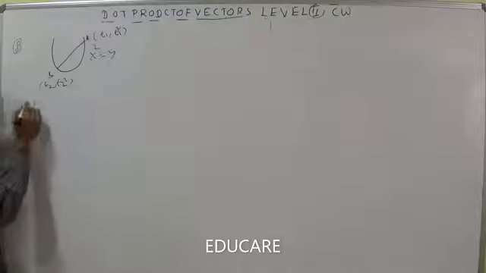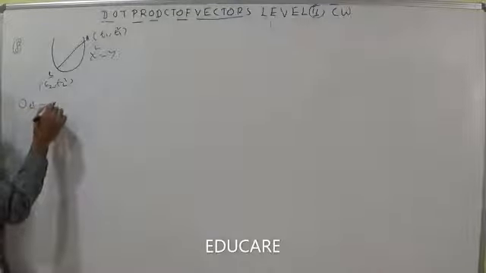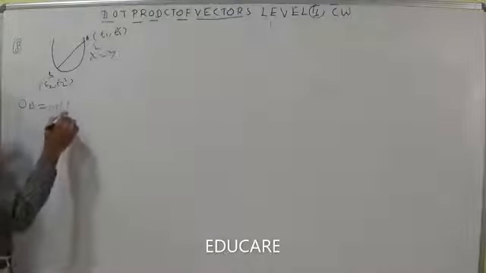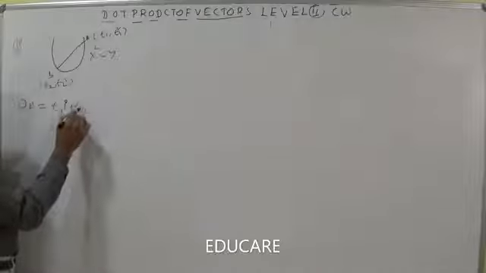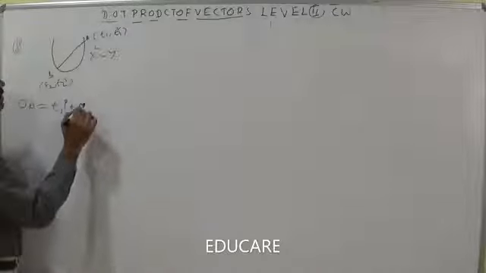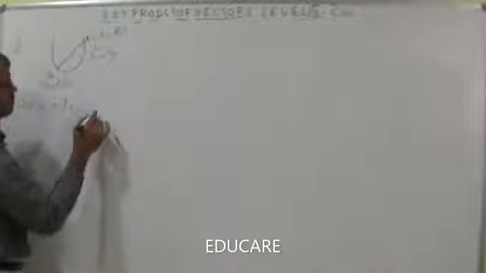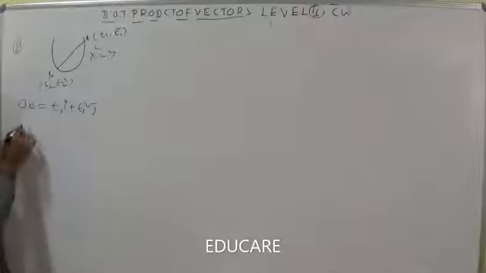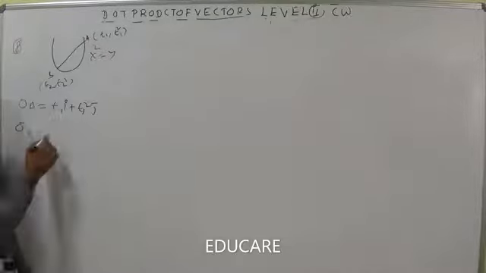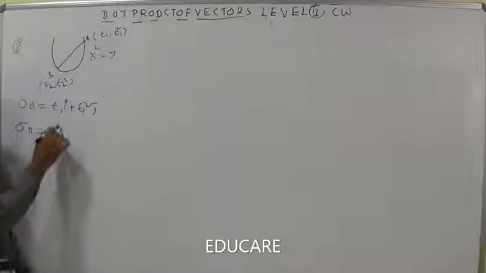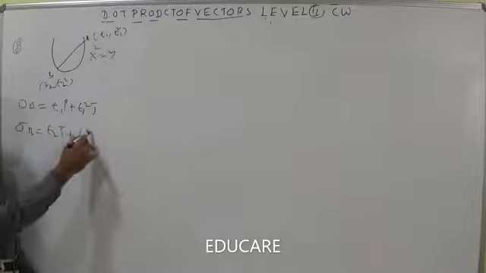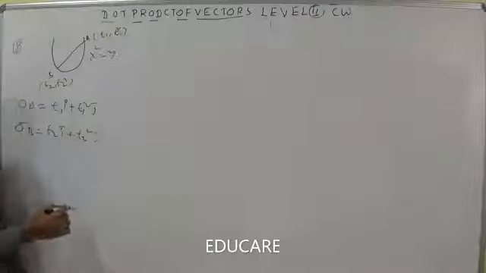So OA is equal to, try to understand, I am writing T1 i bar plus T1 square j bar. That is the position vector of OA. Now OB can be written as T2 i bar plus T2 square j bar.